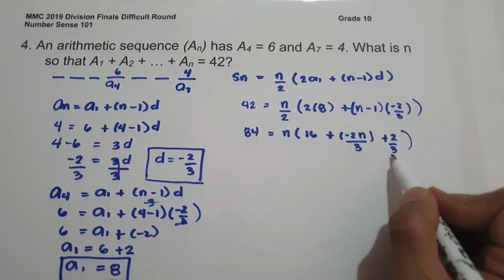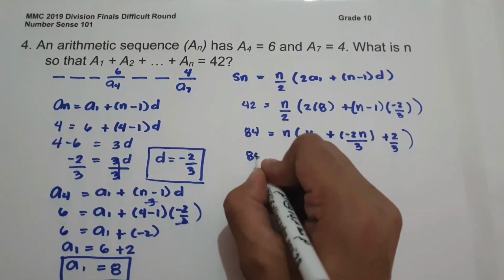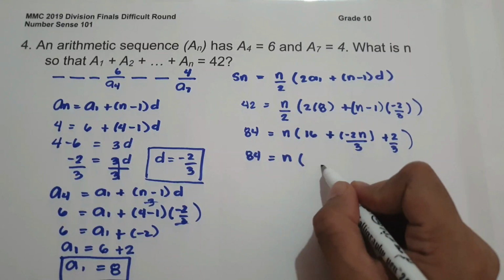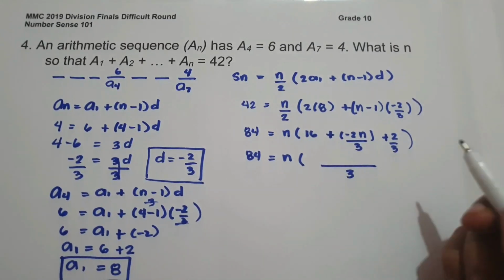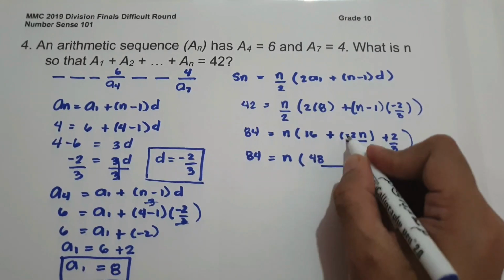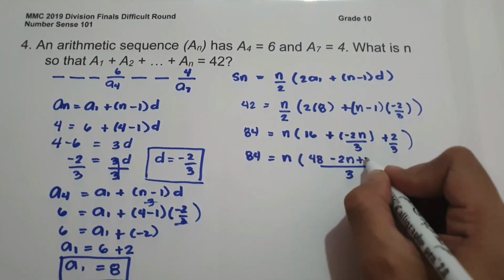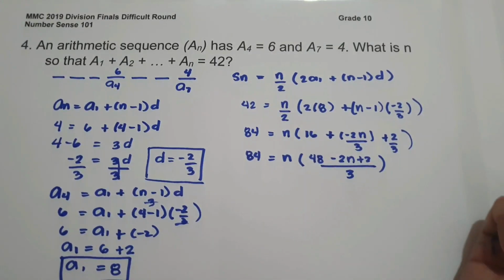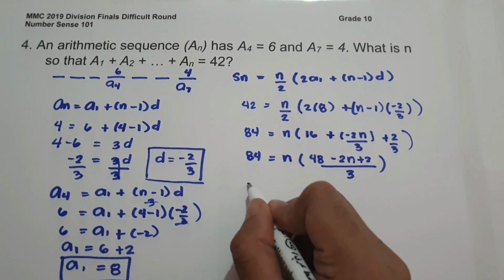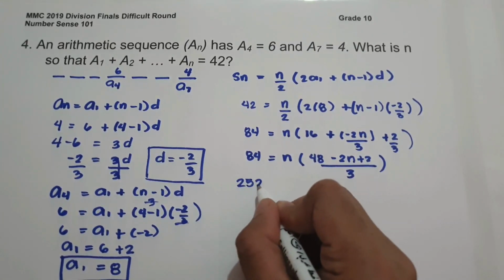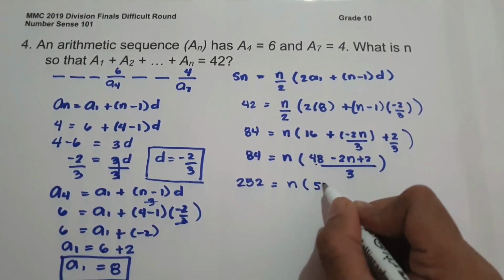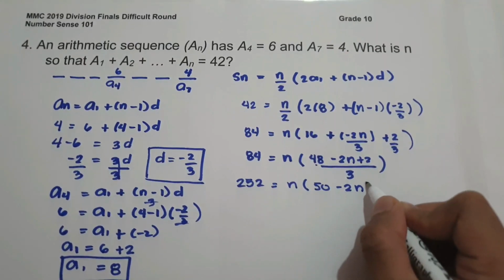So let us simplify this expression. Let me write again 84 equals n, and then let us have 3 as the denominator. 3 multiplied by 16, that is 48. And let us write this one, negative 2n plus 2. And then let us multiply 3 by 84. 84 times 3, that is 252, equals n times 48 plus 2, that is 50, minus 2n.